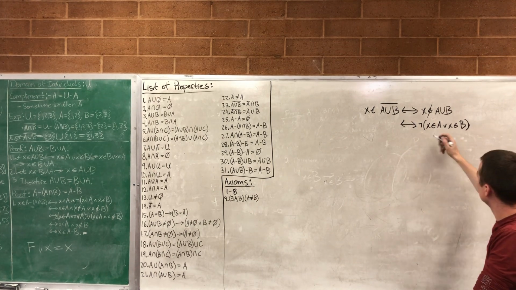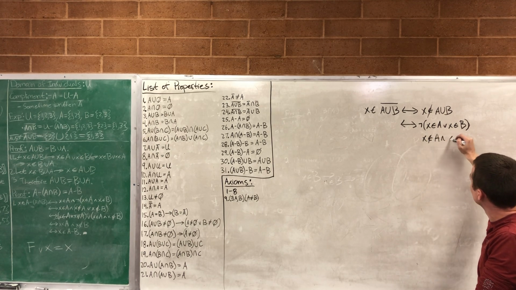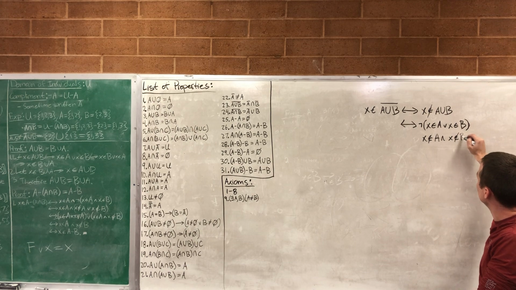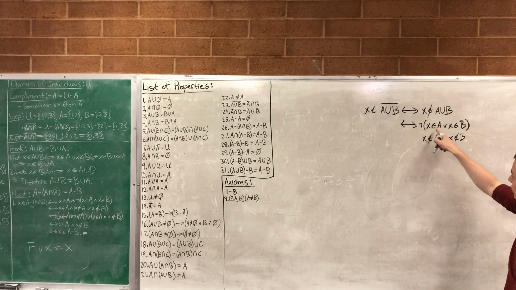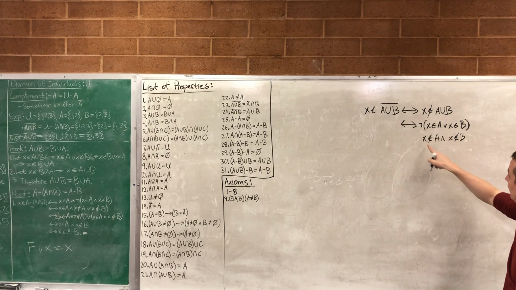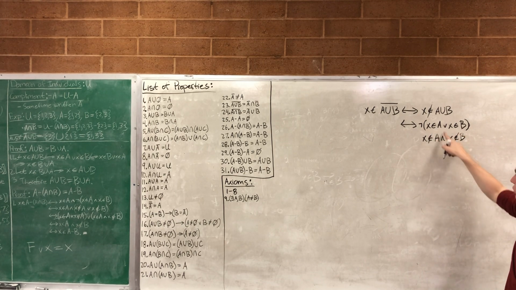Now we distribute our not. So that becomes X is not in A and X is not in B. Distributing the not, not X in A is X is not in A, not X in B is X is not in B. Switch your or to an and.